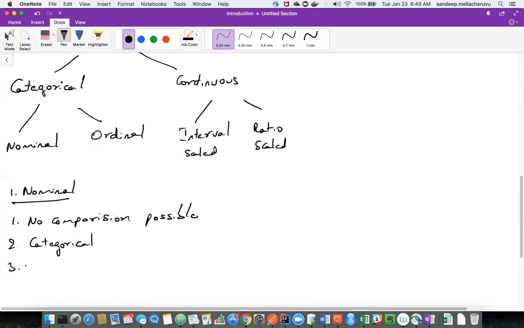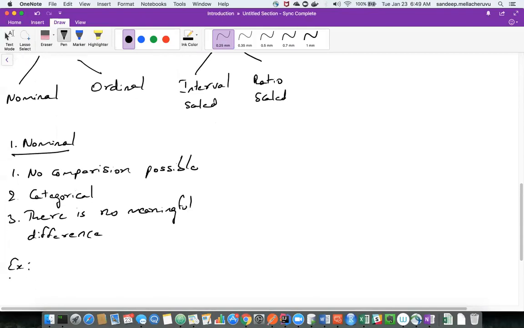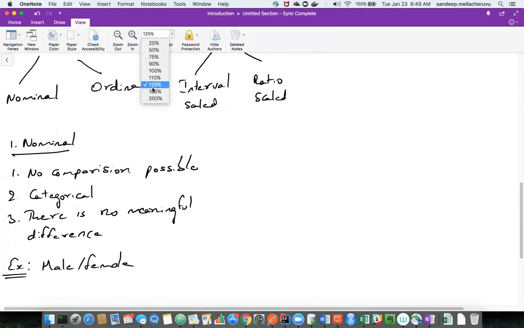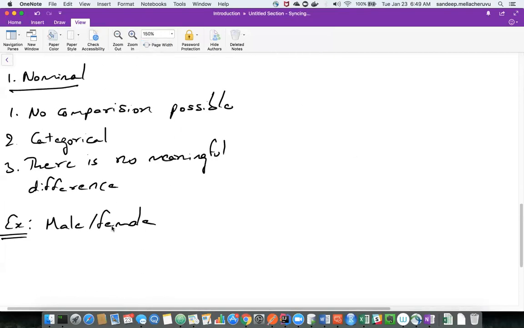And there is no meaningful difference. Let me give you the examples, then I'll describe this. Male or female. Can I have an implicit meaning for female minus male? I'll never get any meaningful difference.